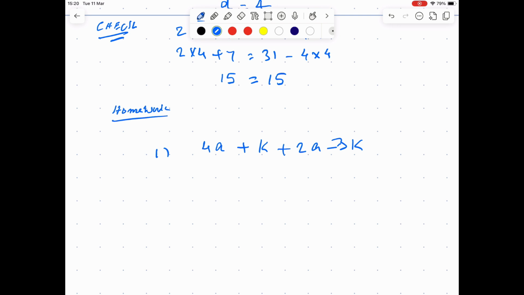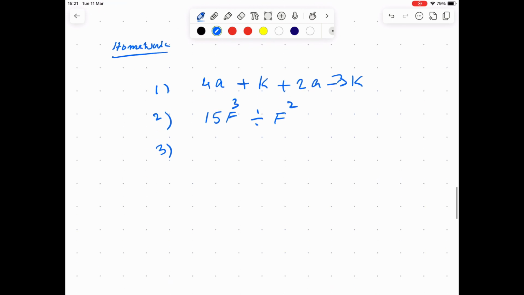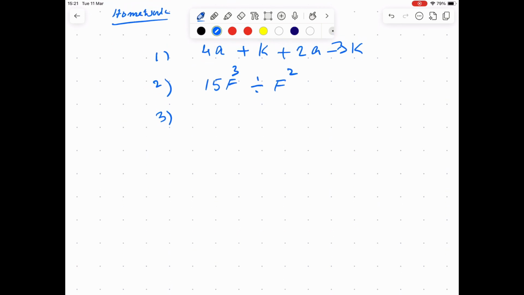Number 2 is 15F cubed divided by 5F squared. And number 3 is square root of 25H squared.